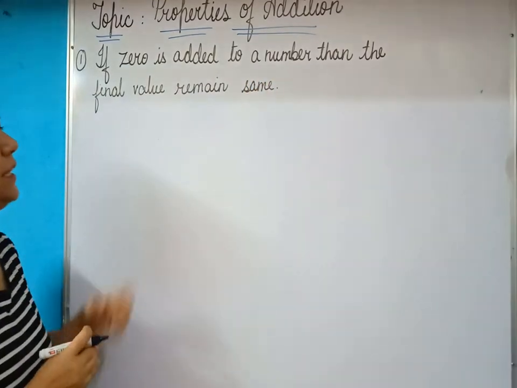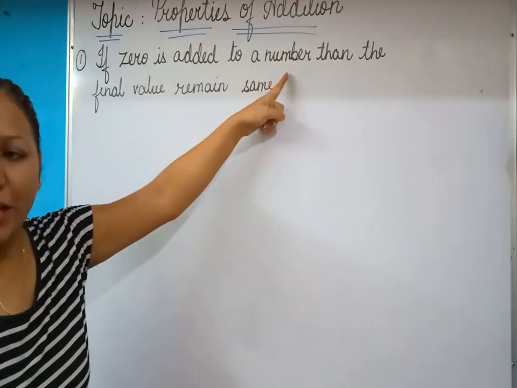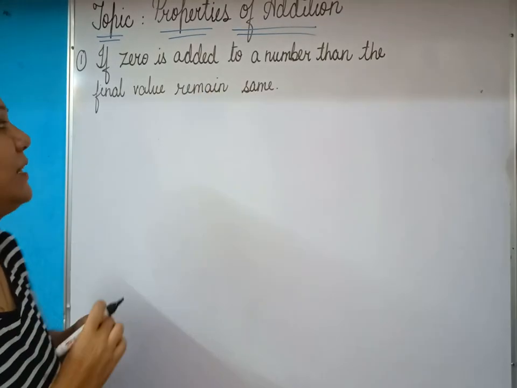So this is our first property, that when 0 is added to any number, the final value remains same.